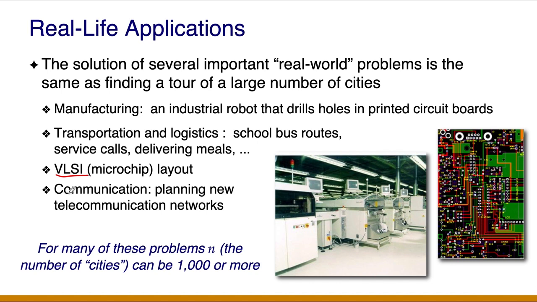How do you find a path that will connect all these individual components, but at the same time with as short a distance as you can, right? Because the longer distance basically means that your power consumption will be greater, because the current will travel a longer distance inside your IC. As a result, it will generate more heat.